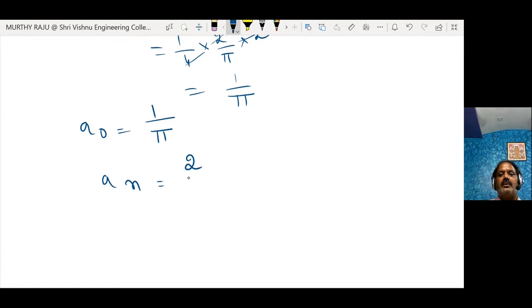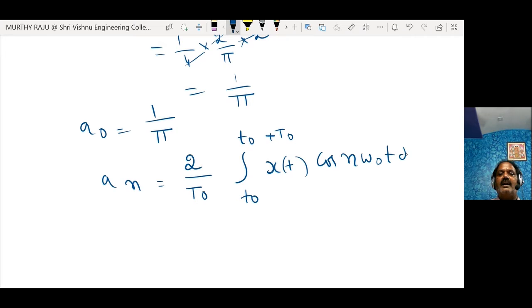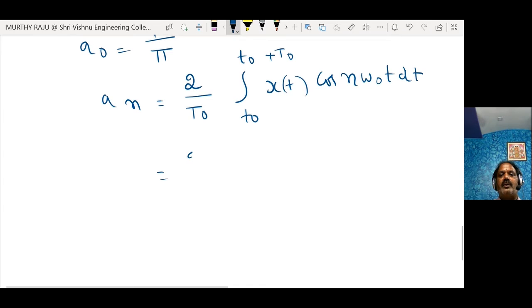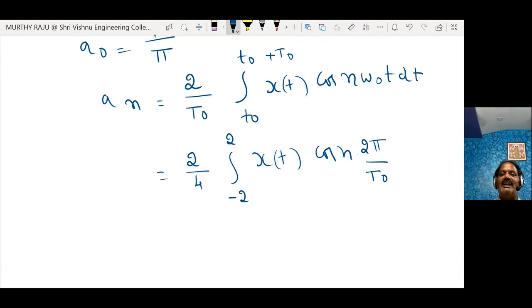An is equal to 2 by T naught, integral from small t naught to small t naught plus capital T naught, x of t cos n omega naught t dt. Here capital T naught is 4, so 2 by 4, small t naught is minus 2, small t naught plus capital T naught is plus 2, and omega naught is 2 pi by T naught.